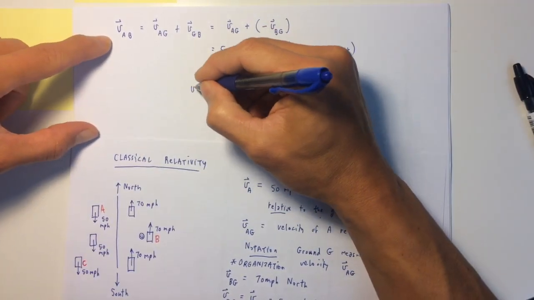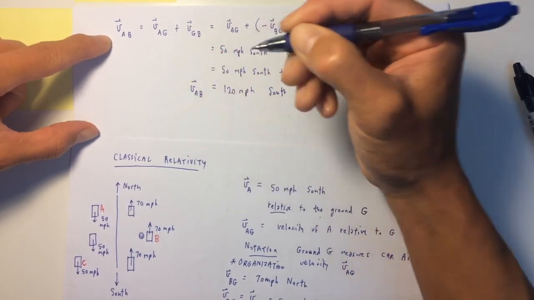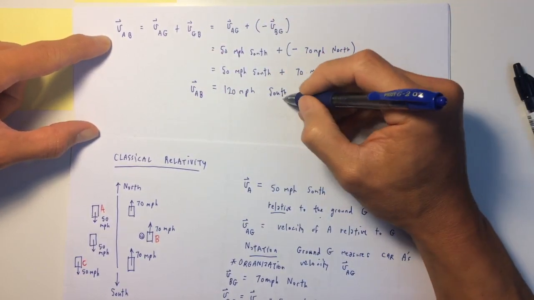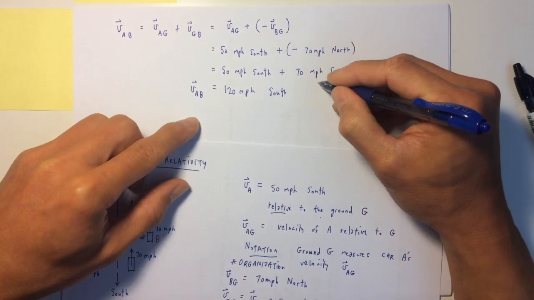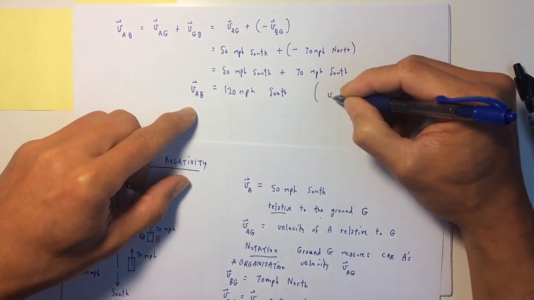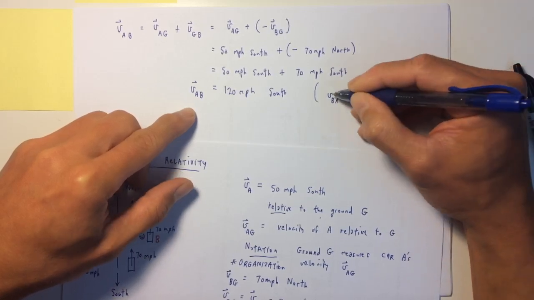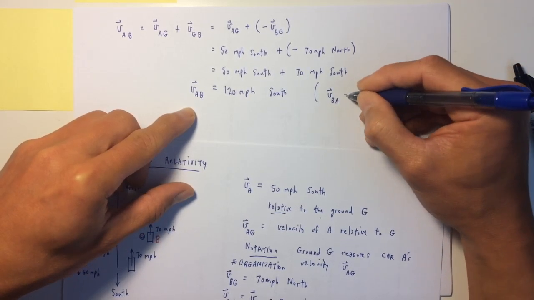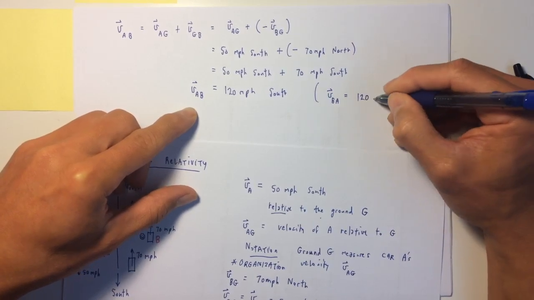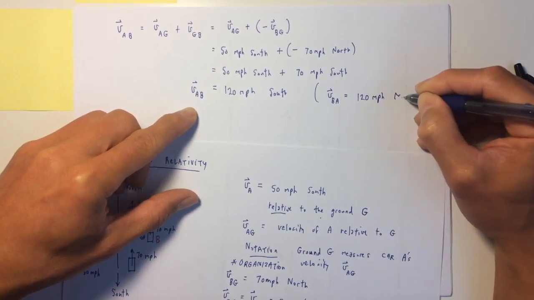So the velocity of car A relative to B is 120 miles per hour southbound. And secretly, we also know that the velocity of car B as viewed from car A is the opposite. It's 120 miles per hour north.